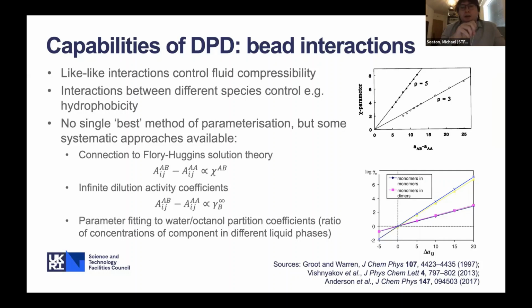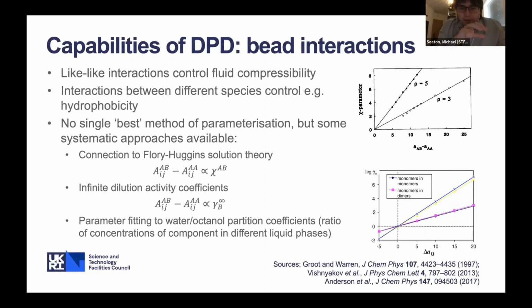If we're considering beads of the same species, particle pairs where both particles are the same species, the interactions between those will determine the compressibility of the fluid. And indeed we can parameterize for that using the equation of state I showed a couple of slides ago.